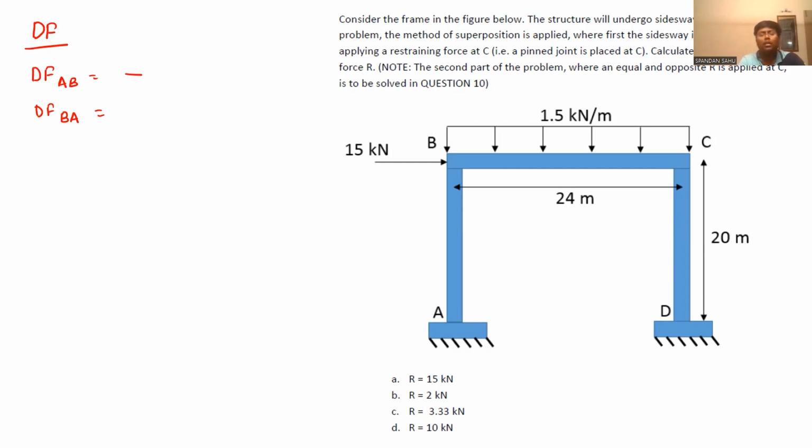Distribution factor is KBA upon KBA plus KBC. That I know. Tell me the value directly.